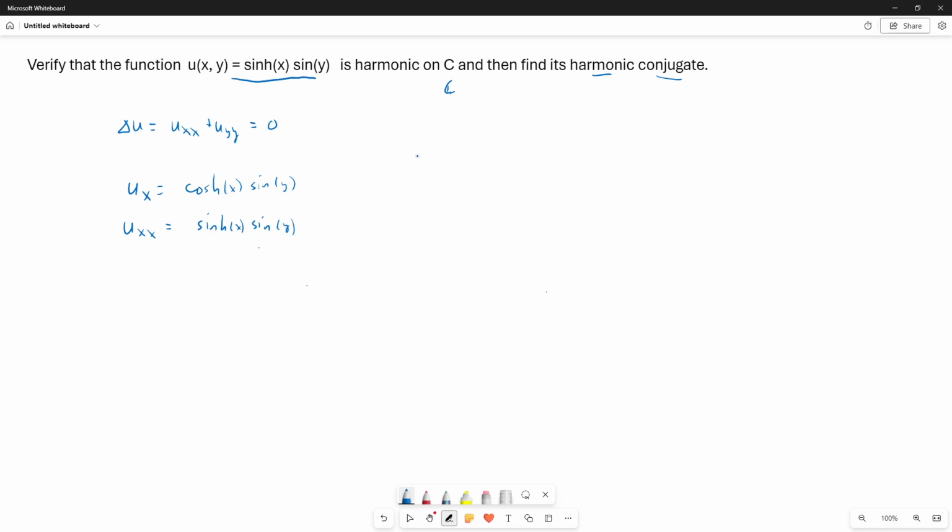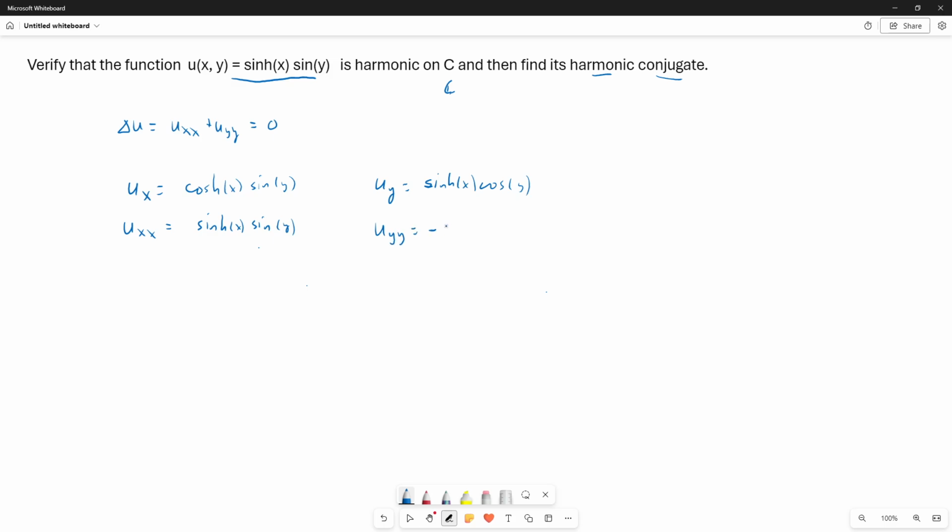Now let's take the derivatives with respect to y. The derivative of sine y is cosine y. So we have hyperbolic sine x cosine y, and then when we take the derivative of cosine, we get negative sine.